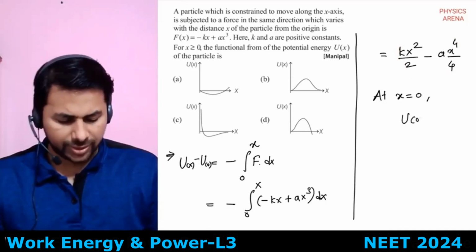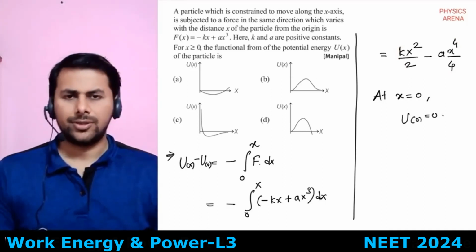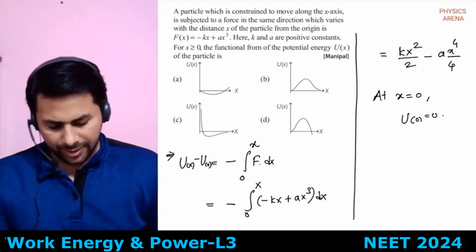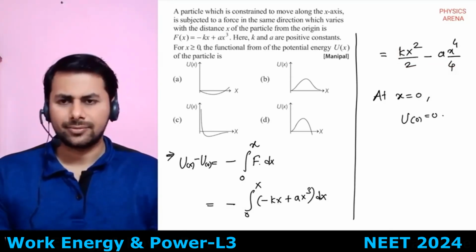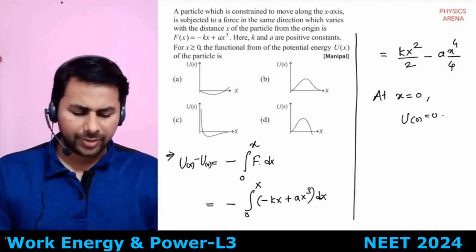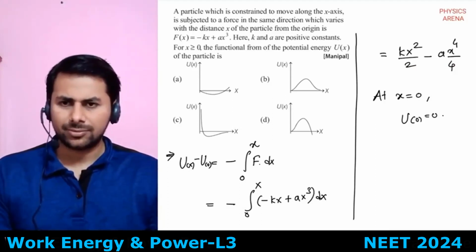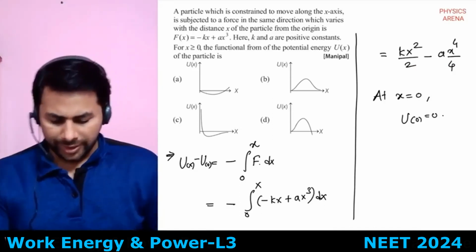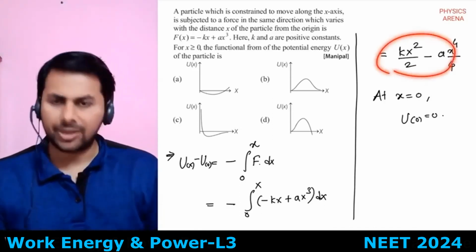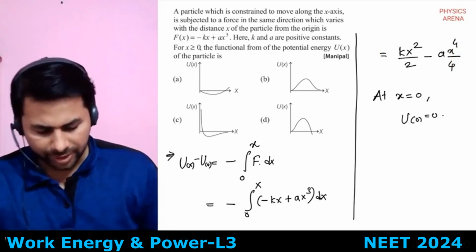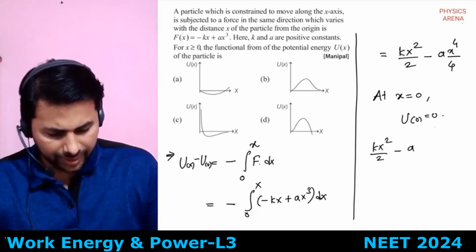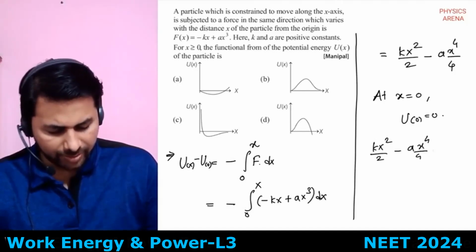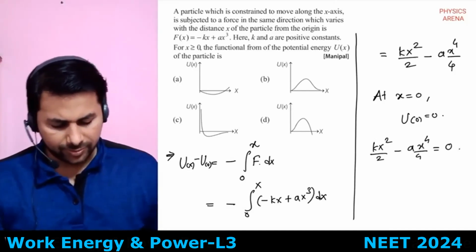So we can say U is equal to 0. Then what happens as you increase x? Will it be positive or negative? Let's find another point where this becomes 0. Put kx square by 2 minus a x raised to 4 divided by 4 equal to 0.